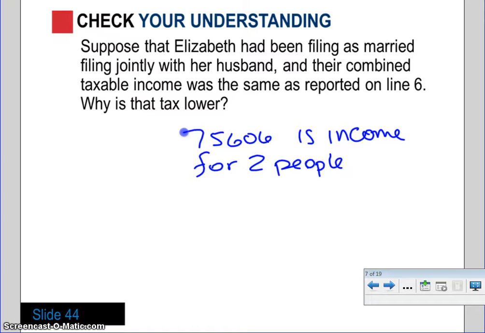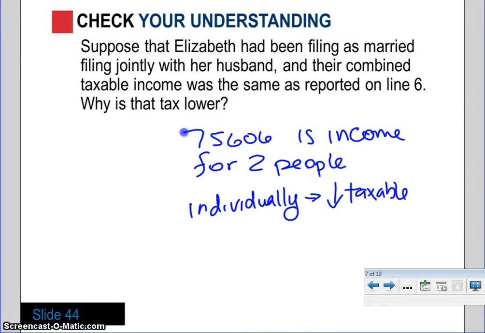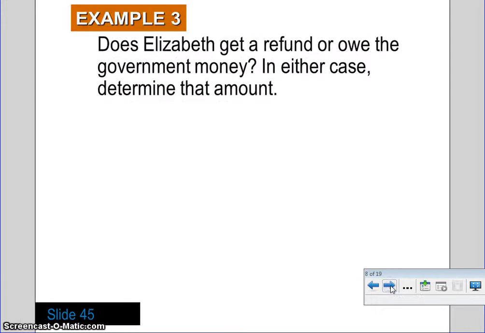Therefore, individually, they each had a lower taxable income, so they're in a lower tax bracket. And that accounts for the lower amount paid for the same amount of income, but as a husband and wife.